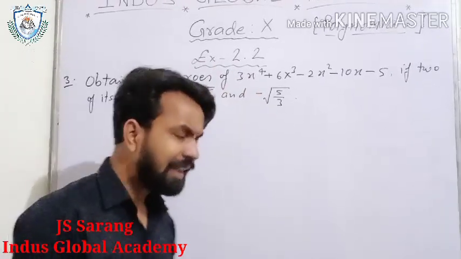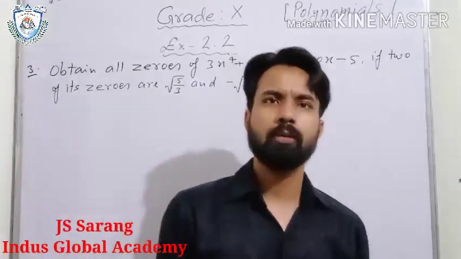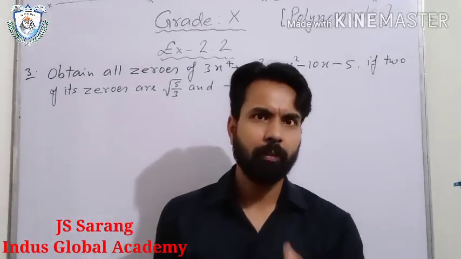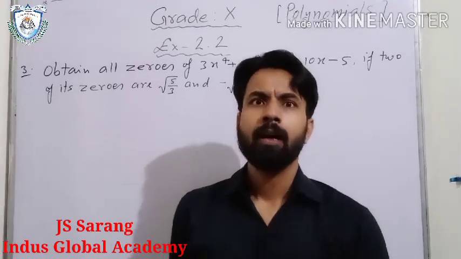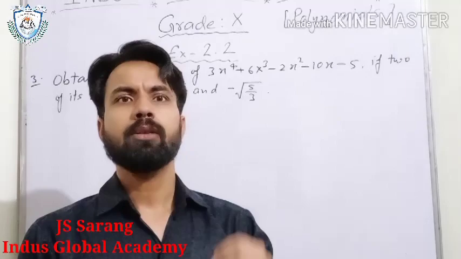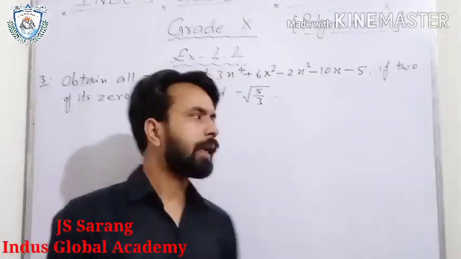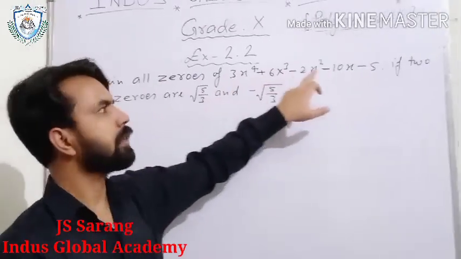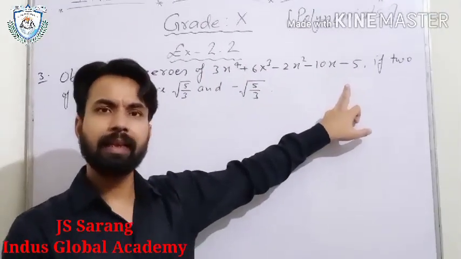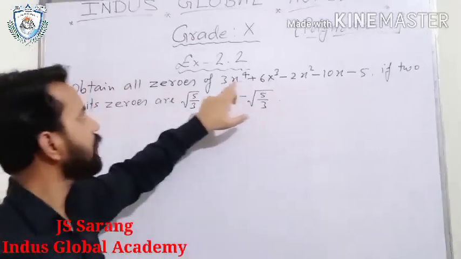So I have already explained how we can find the total number of zeros of a polynomial. Have you remembered this? Yes. I told you that the number of zeros is always equal to the degree of the polynomial. So can you tell me what is the degree of this given polynomial? The degree is the highest power of the variable. So what is the highest power of this variable?